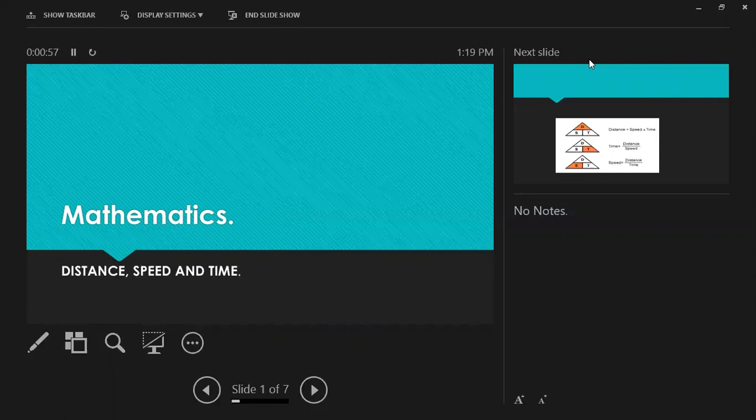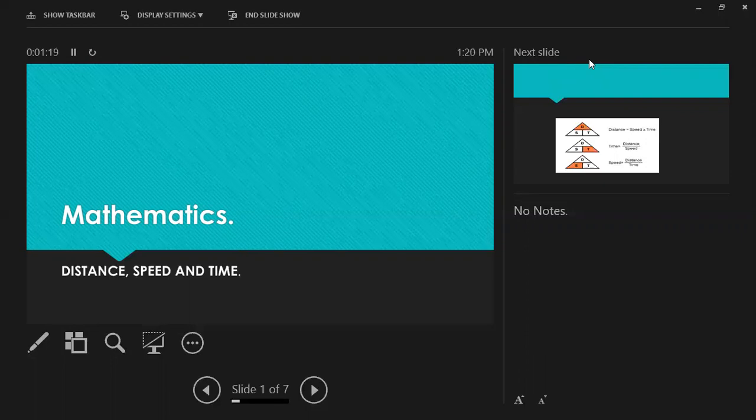Remember last time we were calculating speed from a question that involved distance and time. But today we want to see how we can convert speed, that is from meters per second to kilometers per hour and vice versa.